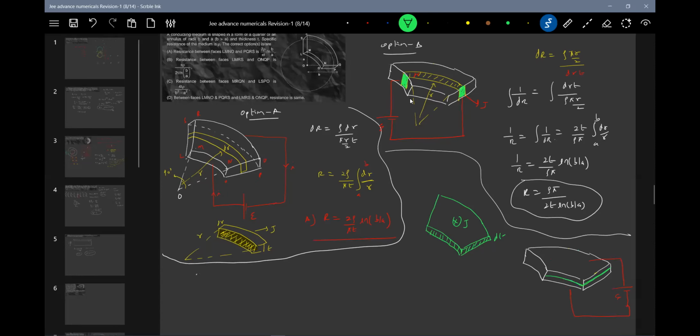We'll define dR equal to rho into dt by the area of this, which will be pi into b square minus a square by 4.